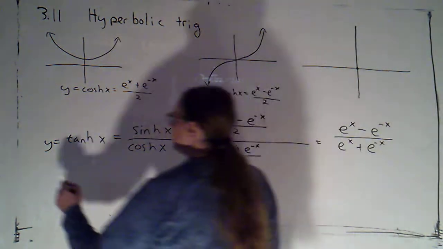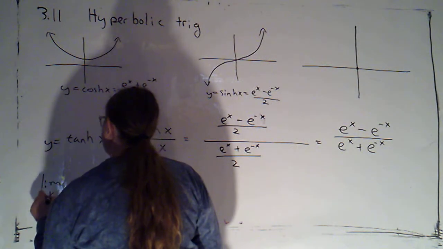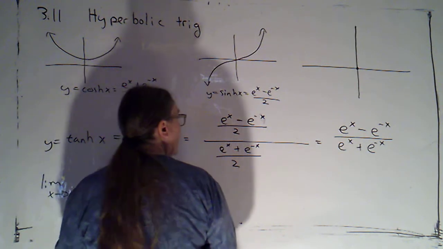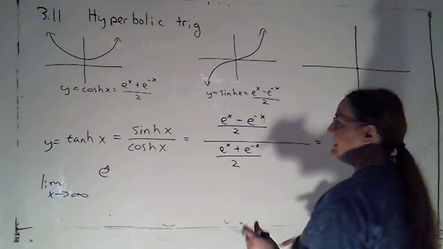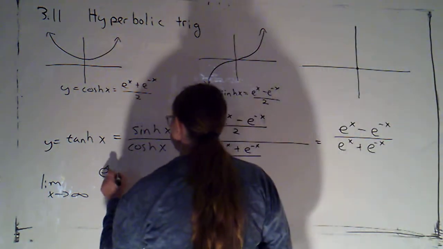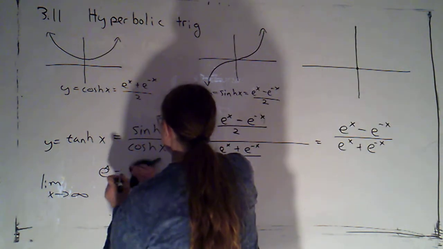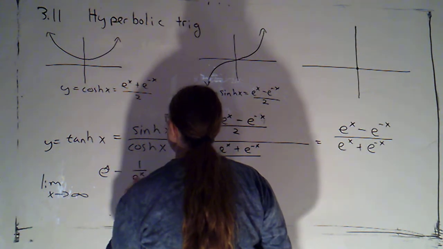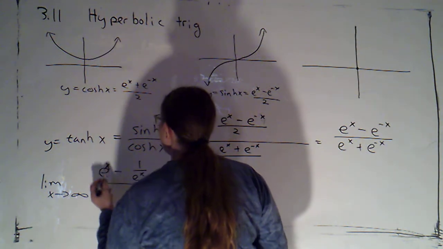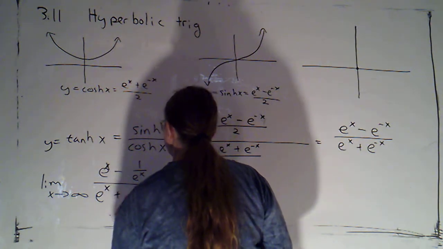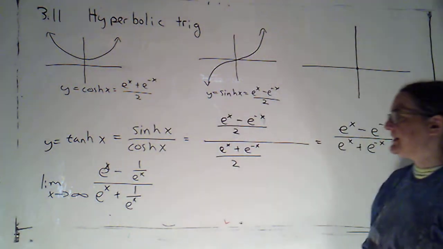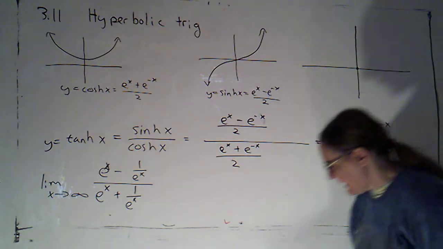Let's try taking the limit as x goes to infinity of e to the x minus e to the negative x, now I'm going to just write that as 1 over e to the x, all over e to the x plus e to the negative x, which I'm going to write as 1 over e to the x. Okay.